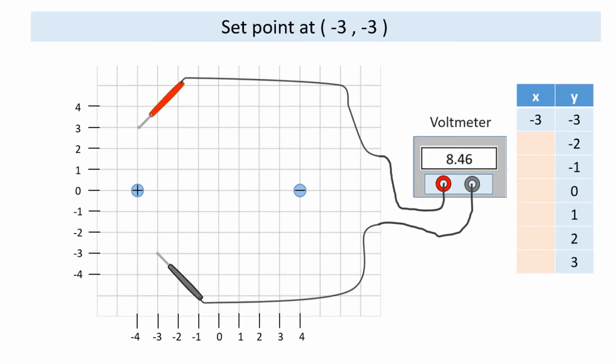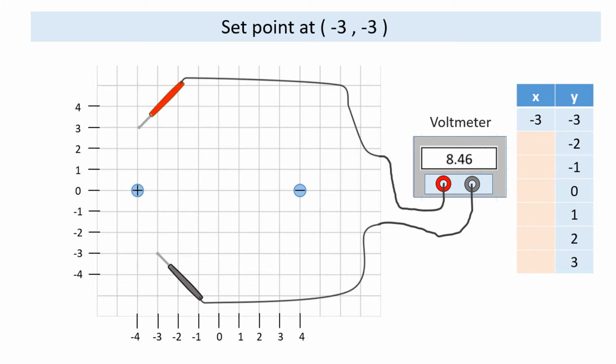So here is the actual setup that we'll use. There is a grid that goes from -4 to +4 units on X and on Y. The actual units are not important, whether it's centimeters or inches, so we'll just call them units.